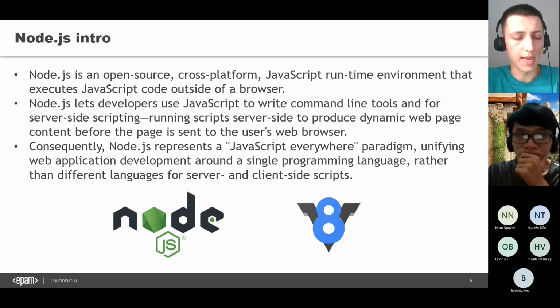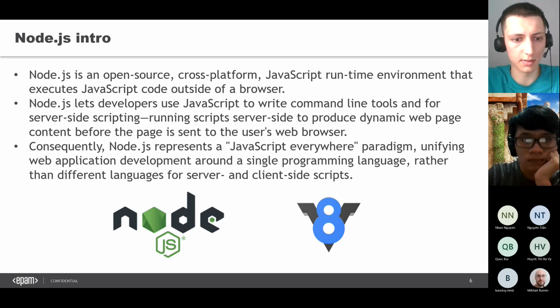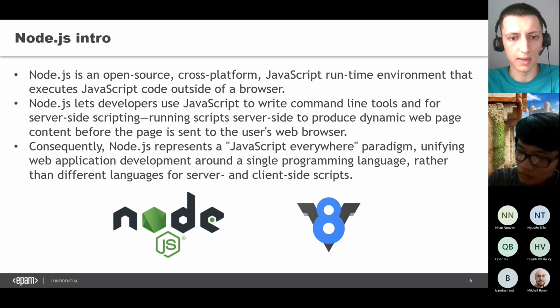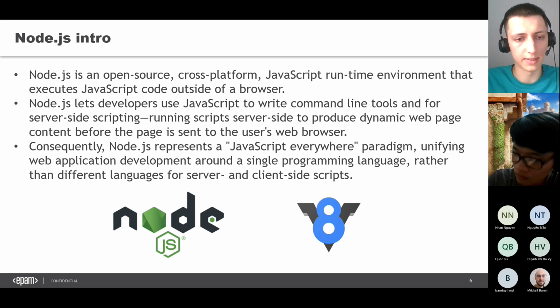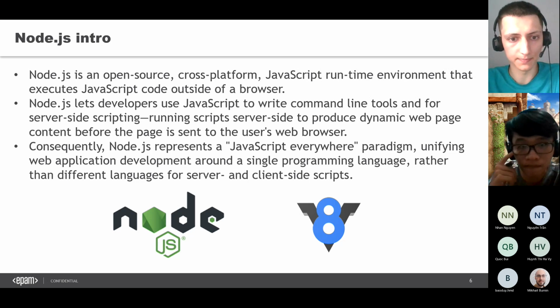Some more stuff was also added to Node.js. For example, when you run your JavaScript in Node.js, you will have some access, for example, to the file system and the network. You can, for example, run an HTTP server and so on. That's what Node.js is. It's a way to run your JavaScript code on the server side.